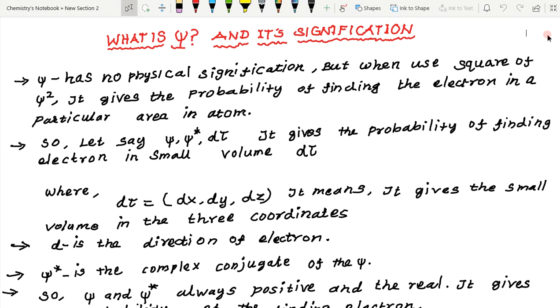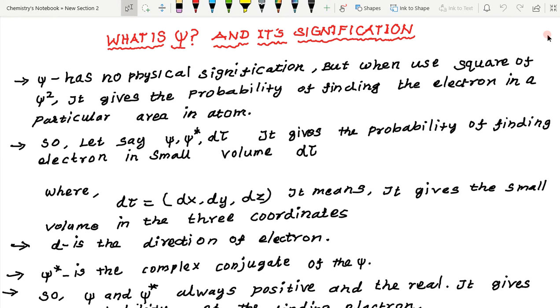Next, psi star d tau gives the probability of finding the electron in a small volume d tau, where d tau equals dx dy dz. It means it gives the small volume in the 3 coordinates. Psi star is the complex conjugate of psi.